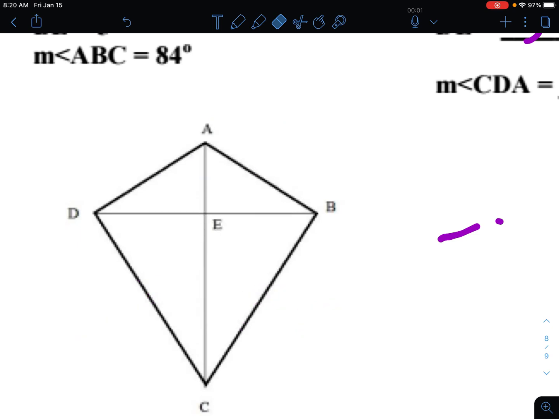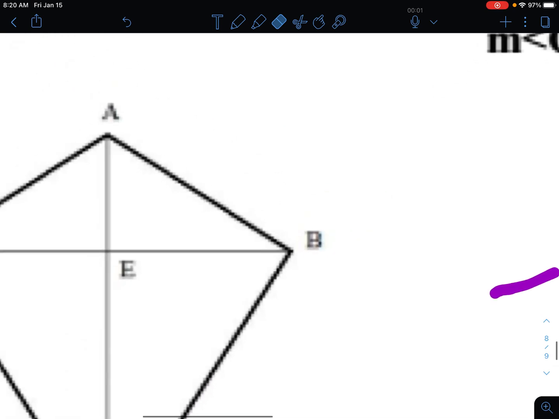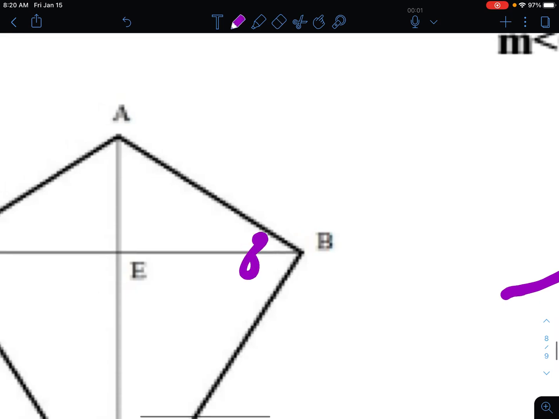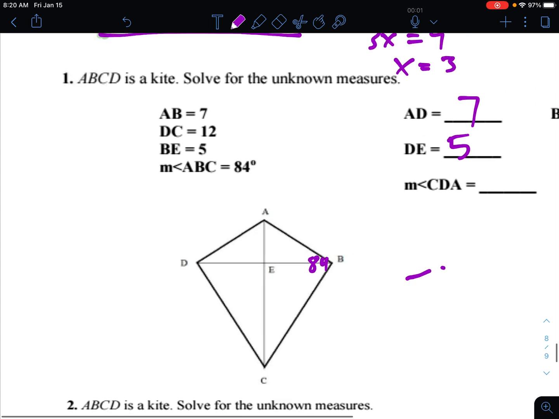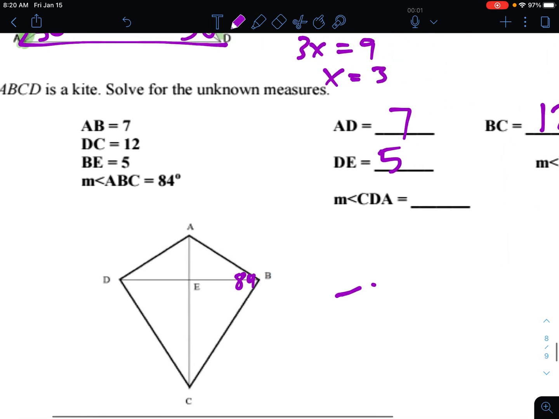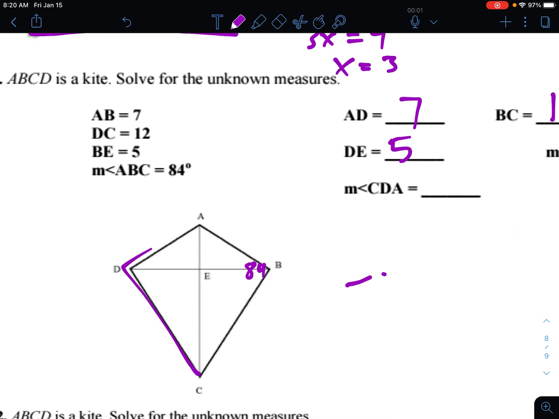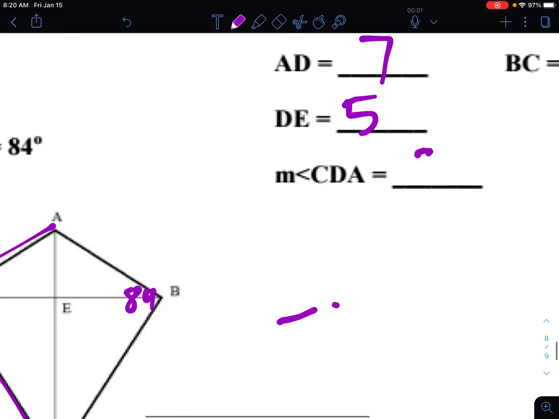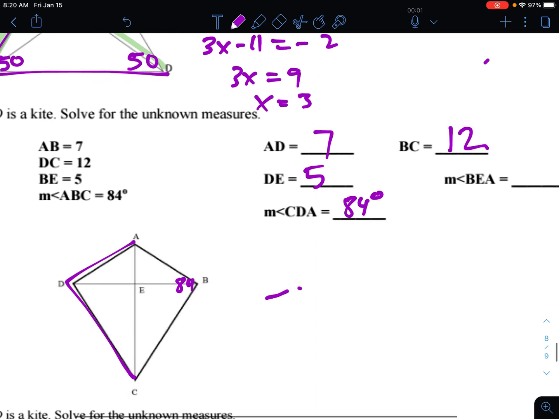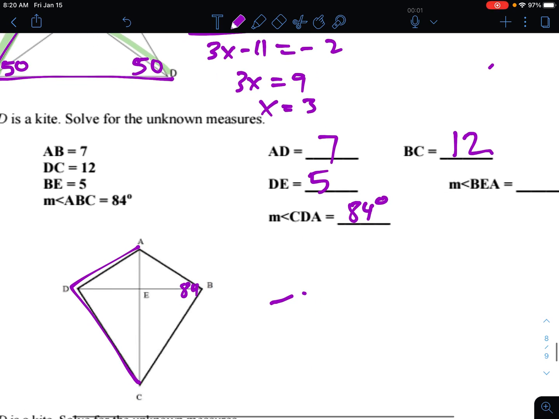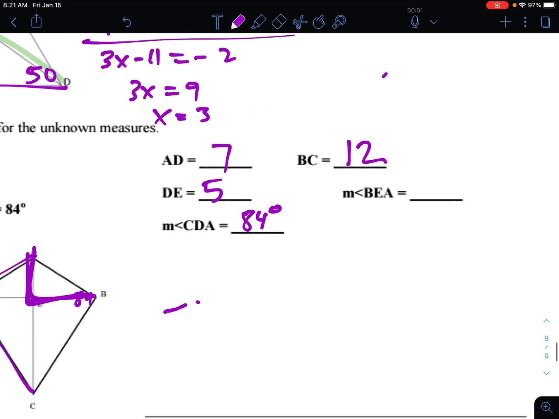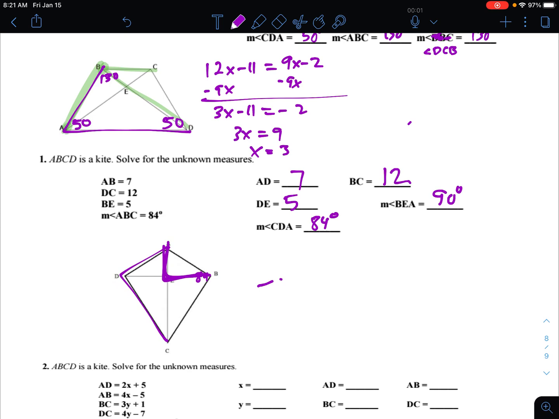ABC, this whole thing right here, is 84. CDA is also 84, because those are the angles that are congruent. And then BEA is the one in the middle. We said those are perpendicular, so that's going to get you 90 degrees.